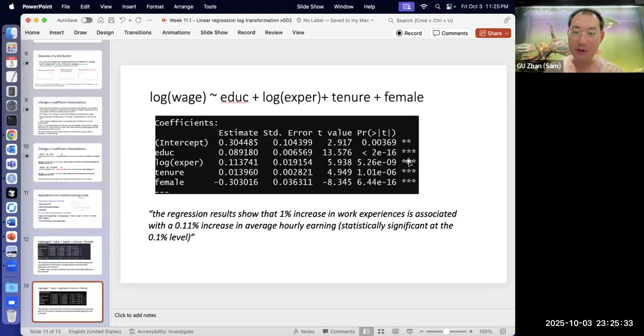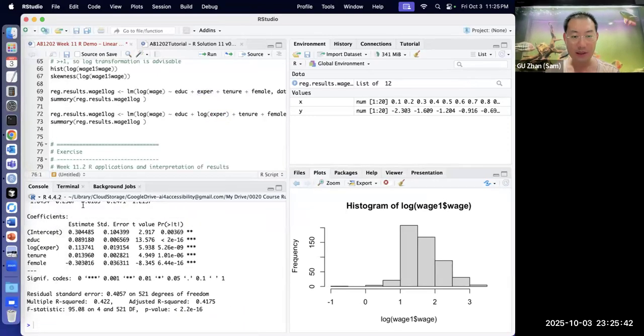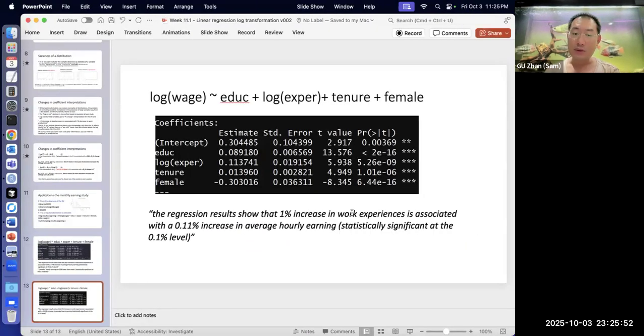So we apply the log to experience, then we run it. We observe that the coefficient for log experience becomes highly significant. Now 1% experience increase will lead to this beta, 0.11, just a direct percentage increase in the average hourly earning.